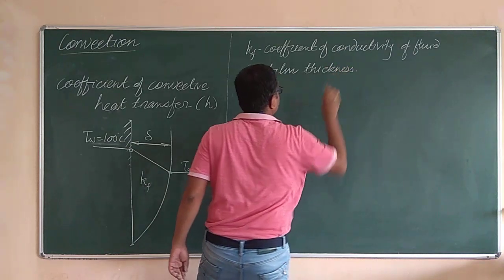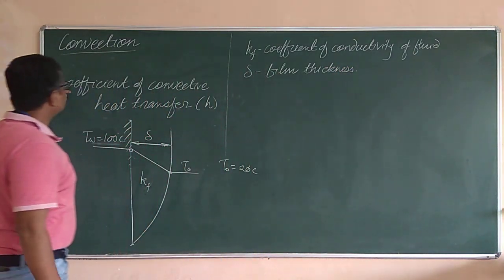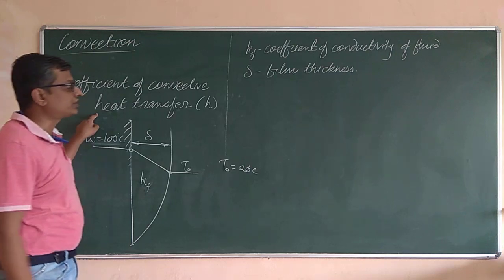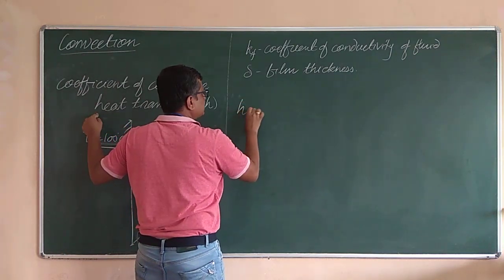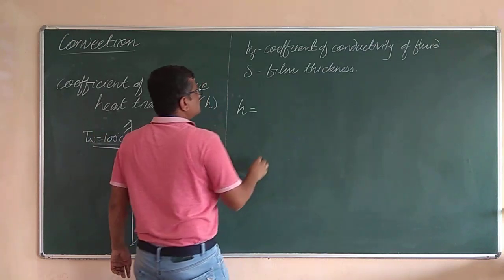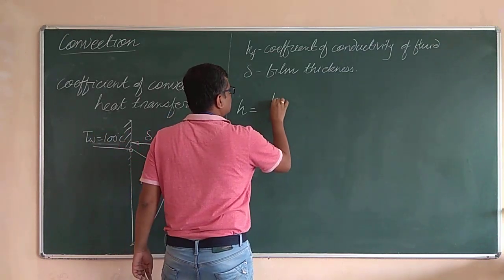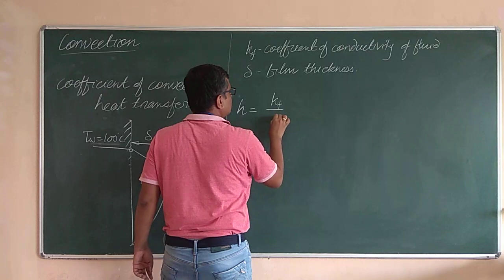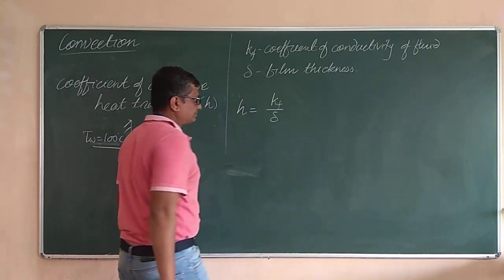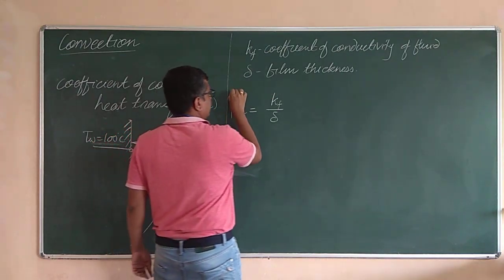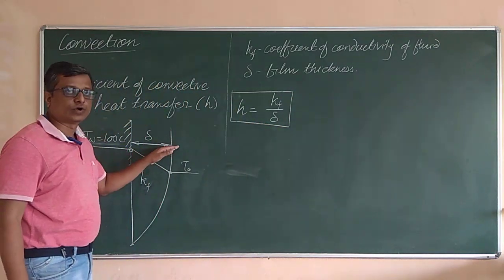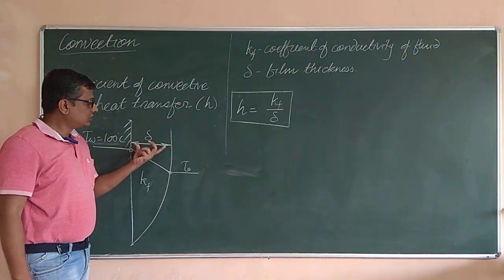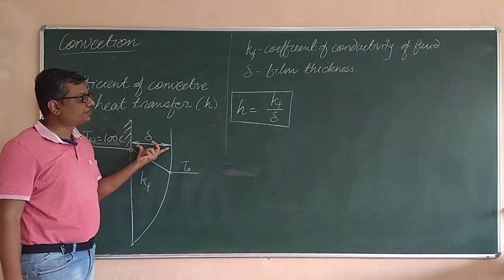Now we are going to define the term coefficient of convective heat transfer, and this term h is defined as the ratio of the thermal conductivity of the fluid to the film thickness delta. It's as easy as this. It is the ratio of the thermal conductivity of the fluid which is in contact with the solid surface to the boundary layer thickness or the film thickness.